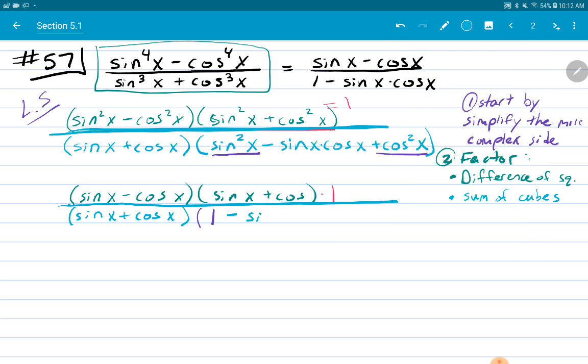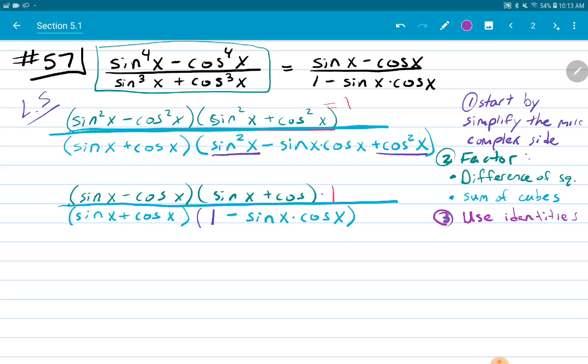And then I'll copy down the rest. So it's starting to look a lot more like the right side. In purple there, we used the Pythagorean identity. So use identities. Looking a lot like the right side now.